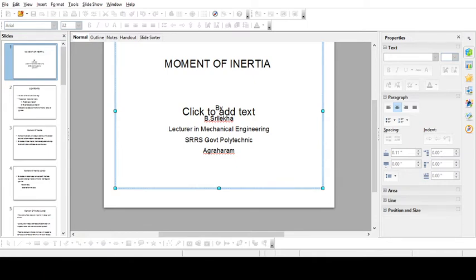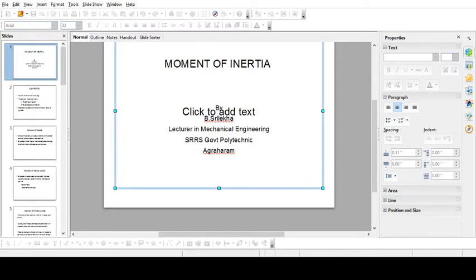Now Ixx equal to Iyy is simply pi d to the power 4 by 64.